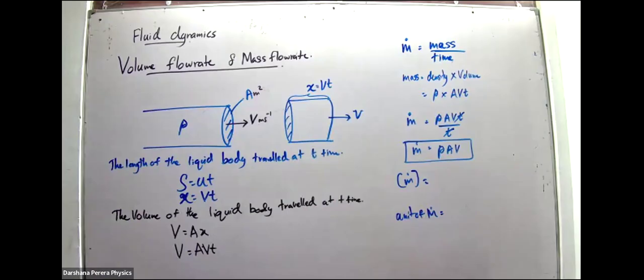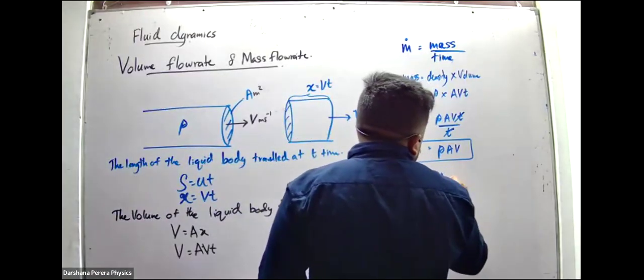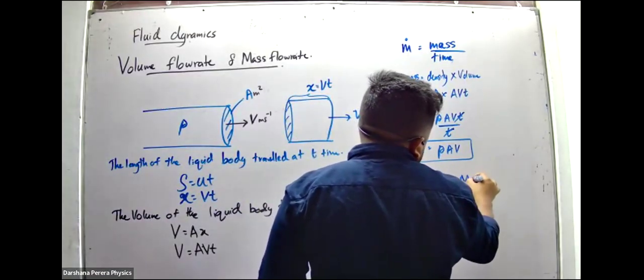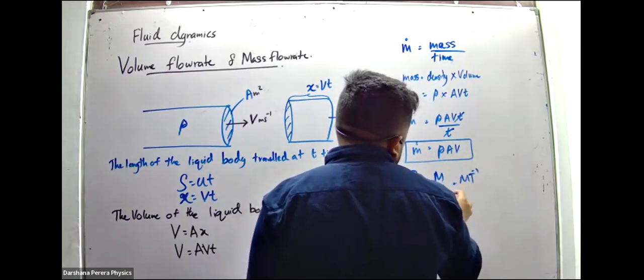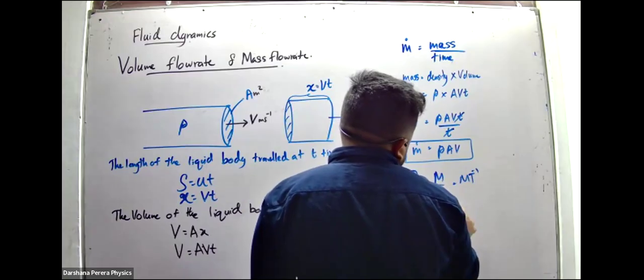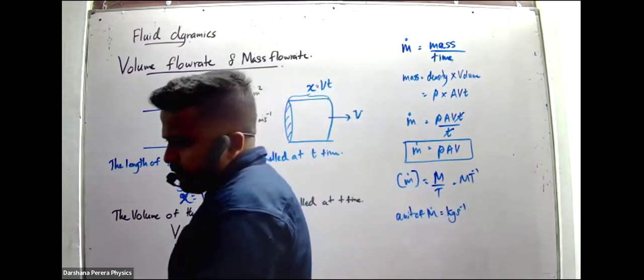What is the unit? Yes, mass over time, M T to the minus 1. This equation also gives that. m dot equals kg s to the minus 1.